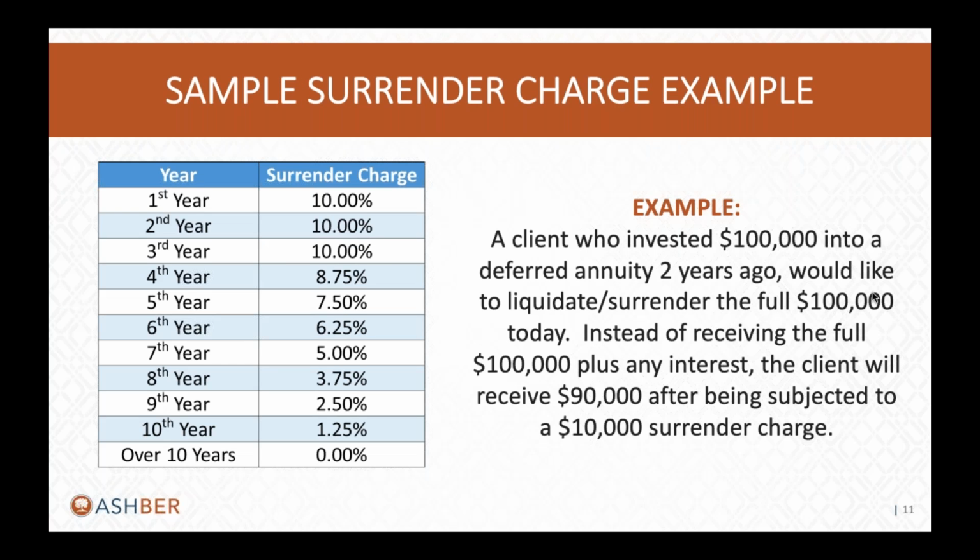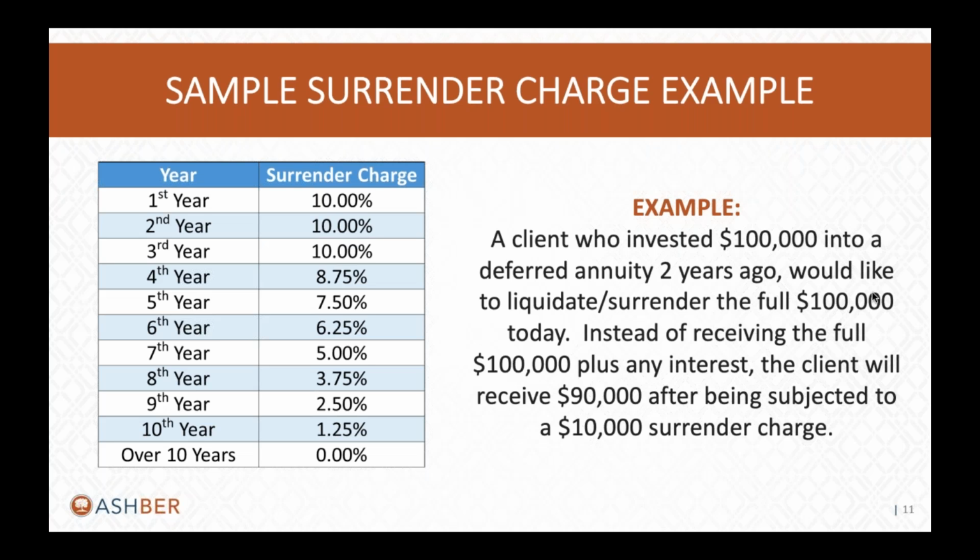Here on the screen, you're seeing an example of a surrender charge situation. As I mentioned, surrender charges or early termination fees for annuities can range anywhere from 15% down to 0%. Generally, when you look at a surrender schedule for an existing annuity that a client would have, it will depend on how recently they purchased that annuity.